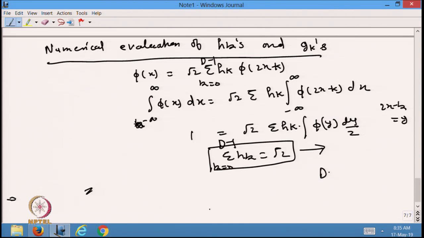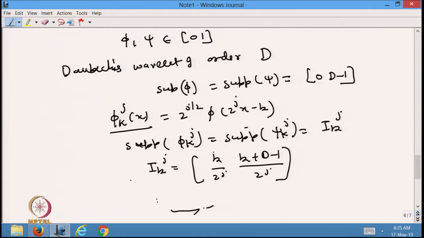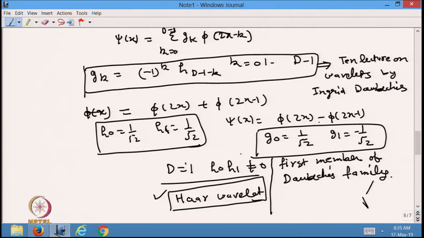So, if D is 2, h_0 plus h_1 will become root 2. Here also it should be D equal to 2. Then it corresponds to the Haar wavelet.